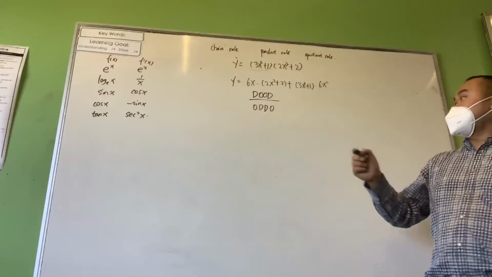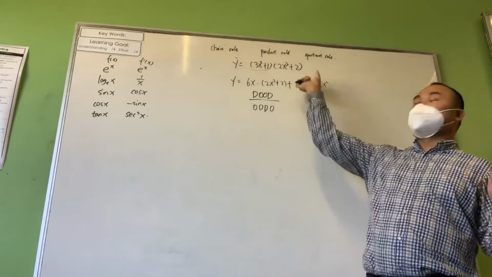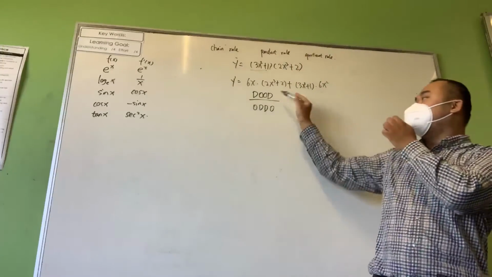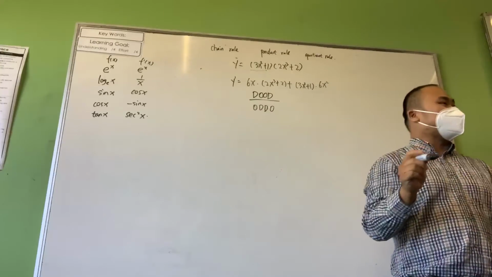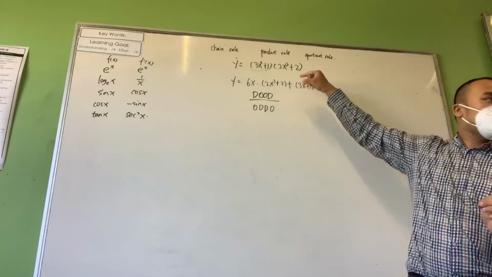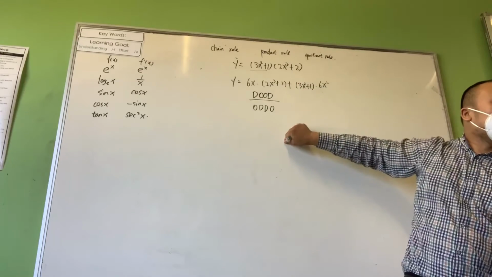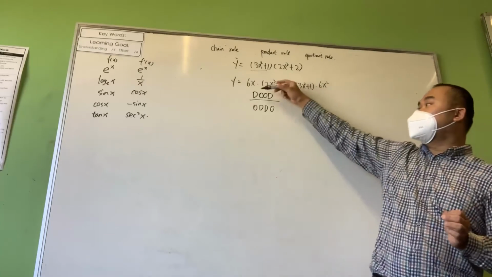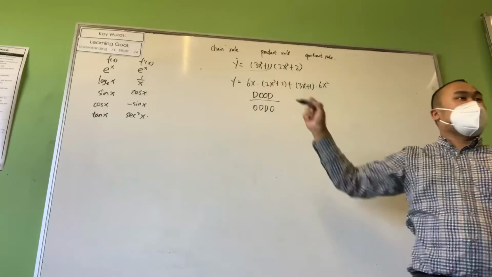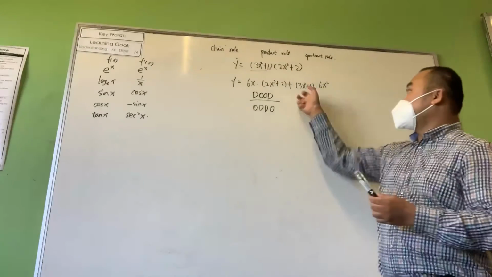But you know it's the same, right? Because you just swap them. But why do I do D-O-O-D instead of O-D-D-O? It's because I want to show you the connection between the product rule and the quotient rule. Because in the quotient rule you differentiate the first one first. I will show you later. So that's the product rule.